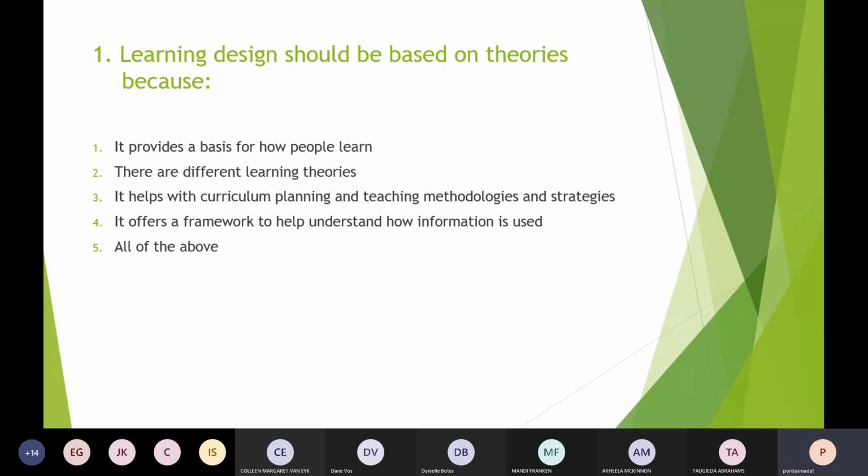Now, just tell me, teaching methodologies. What are teaching methodologies and teaching strategies? Melandri, what do you think?